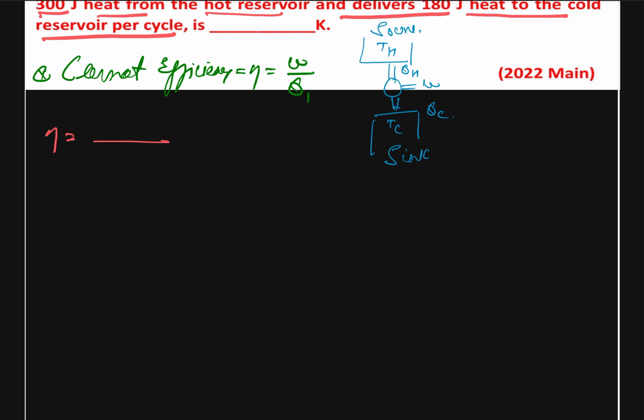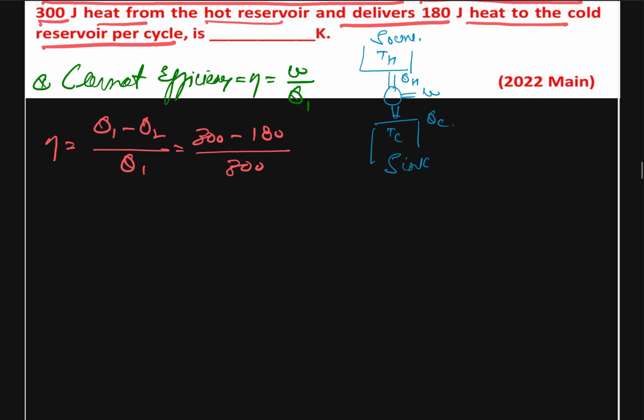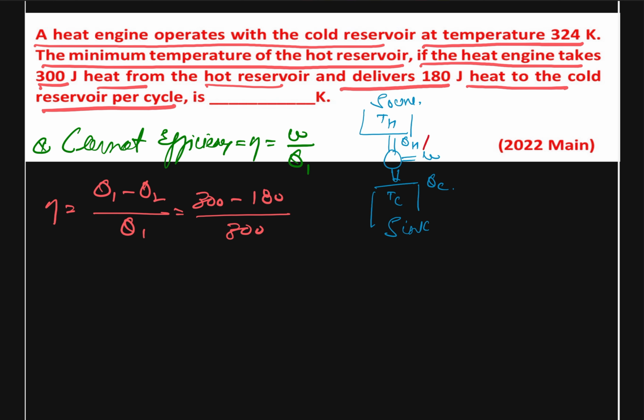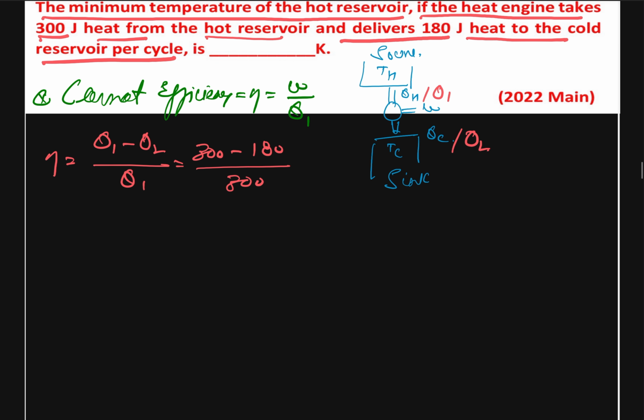So that is Q1 minus Q2 upon Q1. So this comes as 300 minus 180 divided by 300. Here this is my Q1 and this is my Q2. So we get that our efficiency will be equal to 0.4.